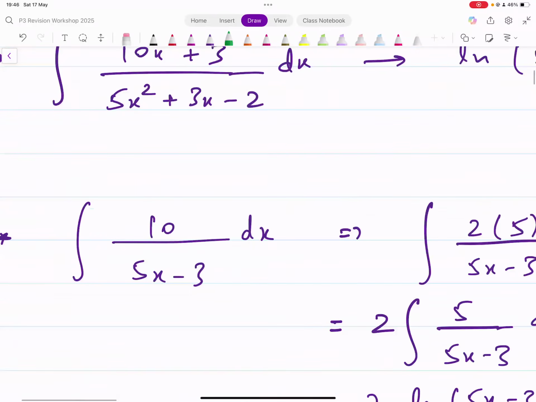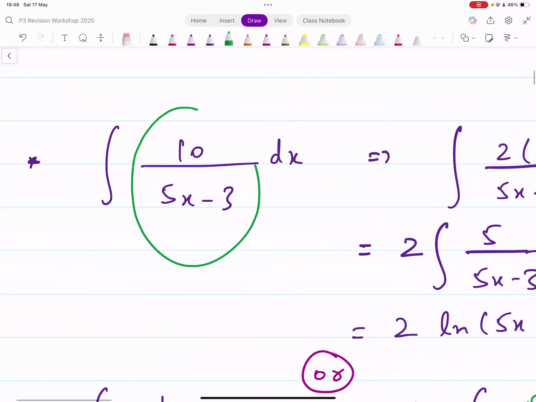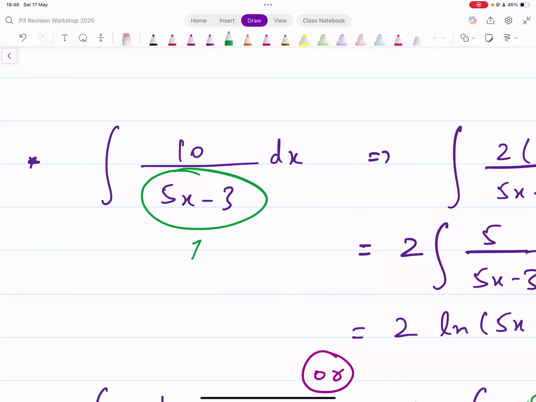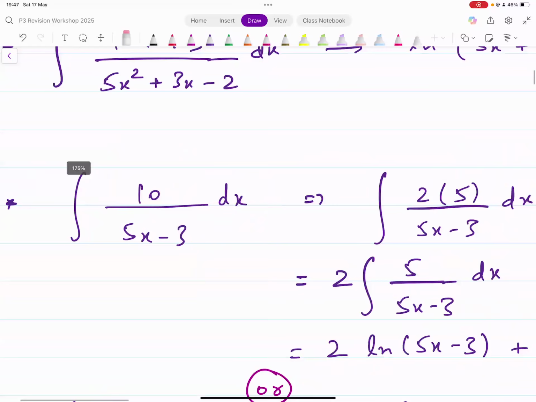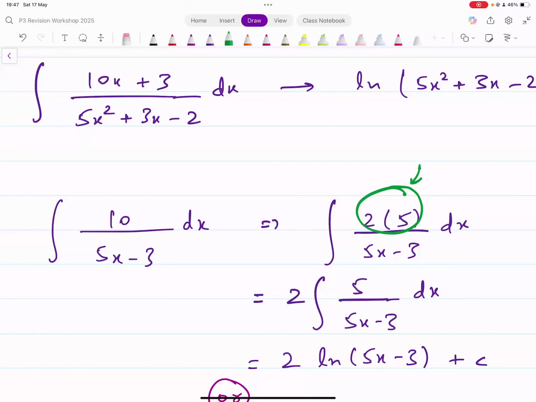But sometimes you end up getting something like this, in which it is not exactly that form already, but you have to change something in that to make it that form. For example, if you have 10 over 5x minus 3, what's the derivative of the denominator? The derivative of the denominator is 5. We want 5 in the numerator, but we have 10 instead. What we can do is take 2 common out of 10. So that gives you 2 into 5.